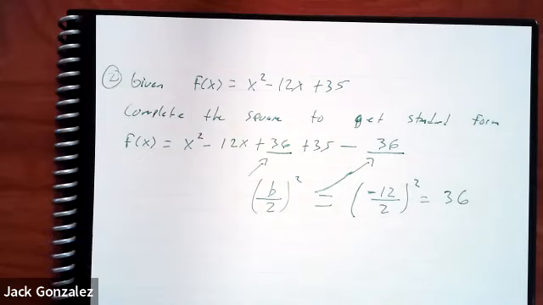You find the number, make it. Take the b, divide it by 2, then you square it. This is -6 squared, 36. So now these 3 terms will be a perfect square.